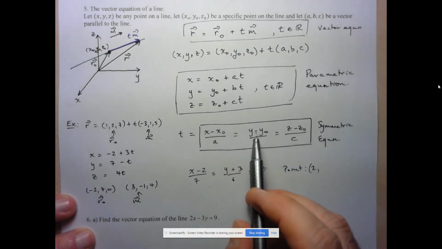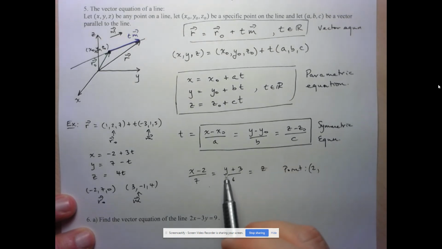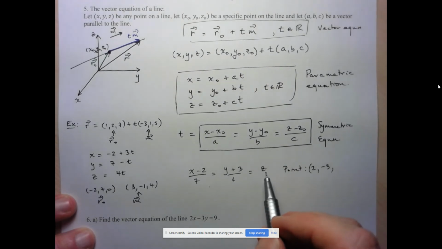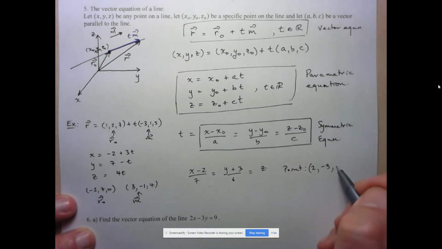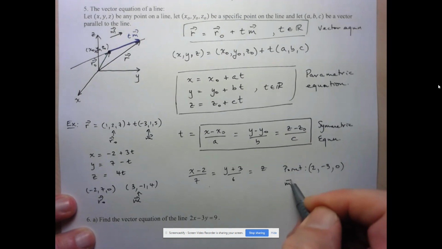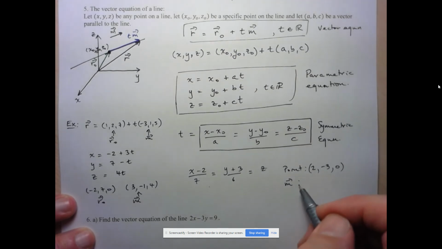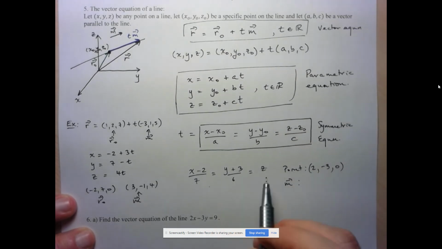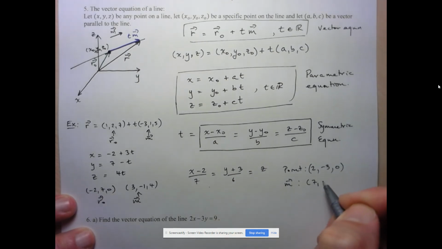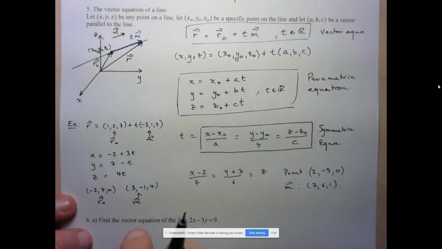Here, y minus y naught, because I have y plus 3, it must be y minus -3. And here it's just z on its own, so it must be z minus 0. So this is the point on the line, and the direction vector is represented by the numbers in the denominator. So it'd be 7, 6, and this is z over 1, so (7, 6, 1) would represent the direction vector.